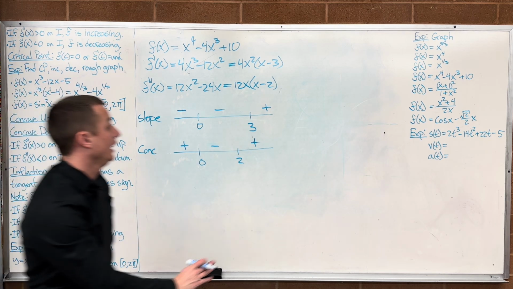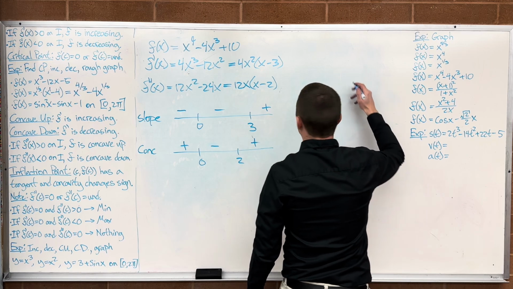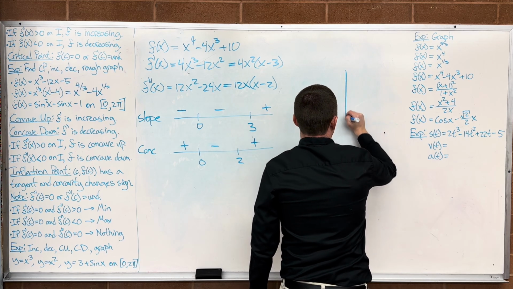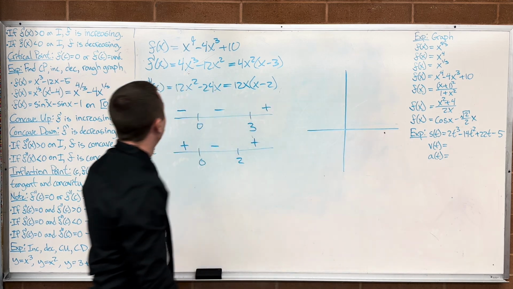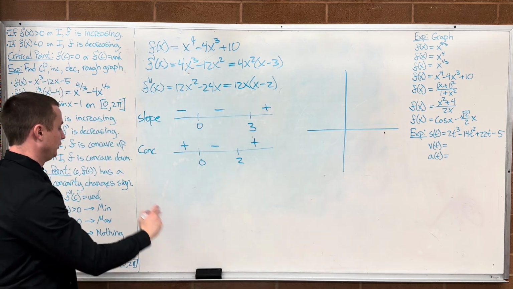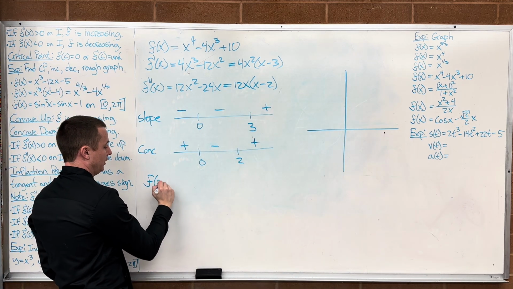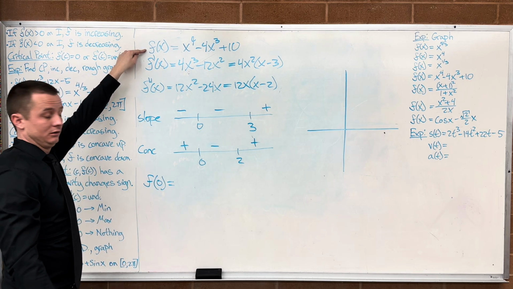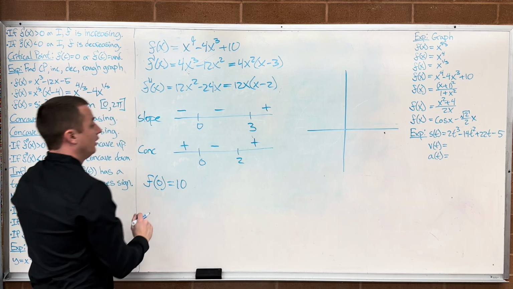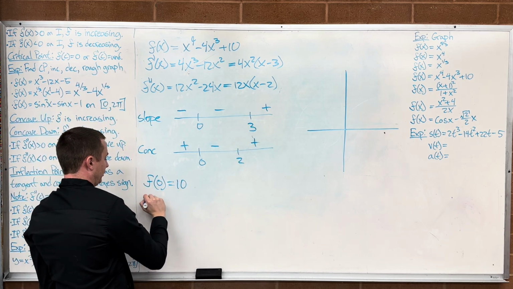Now let's get a feel for what this graph must look like. I need a sense of the height at each of these points. What is f of 0 equal to? 10. Let's find f of 3.